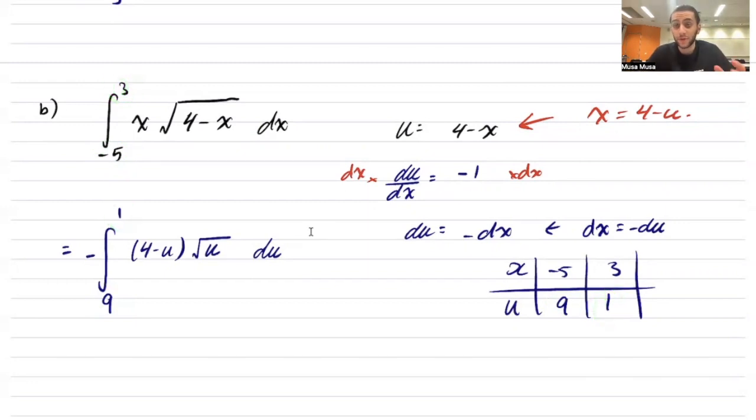If you're not super convinced with this sort of method, by having it written as a 9 there and then a 1 there, you can recognize the fact that if you take the negative of a definite integral, you can swap the bounds. So you can now just make this the integral from 1 to 9.